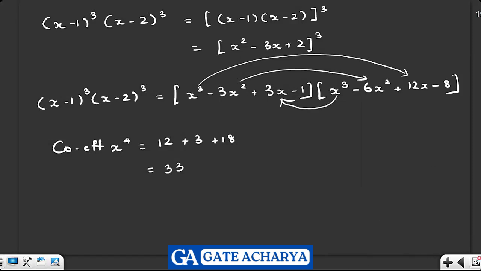Is this clear? Any doubt here? Students, are you clear with this? Nisha clear, Shiva Subramanian clear.